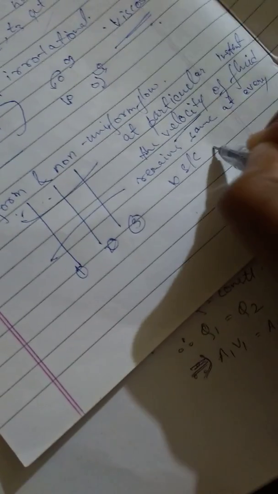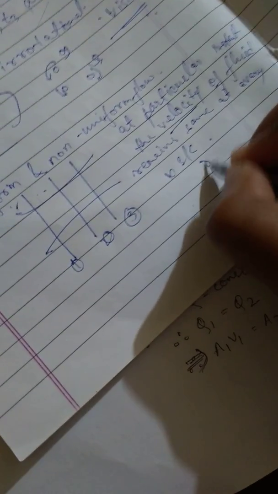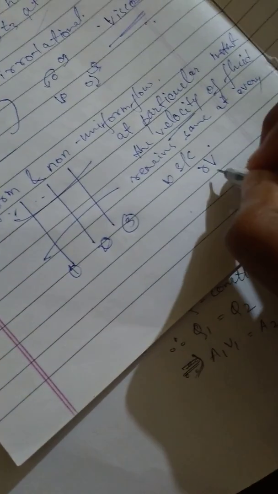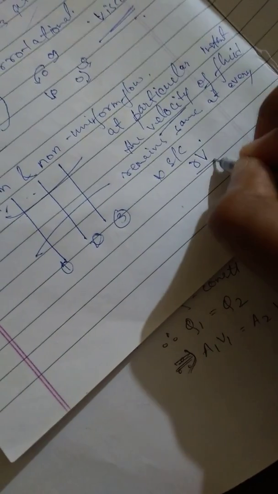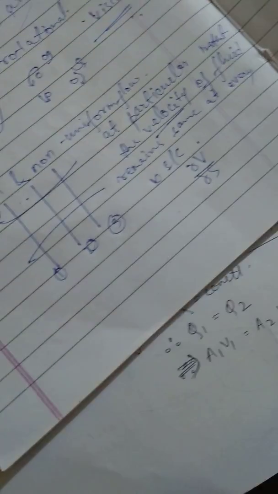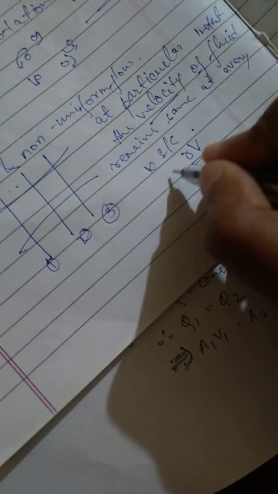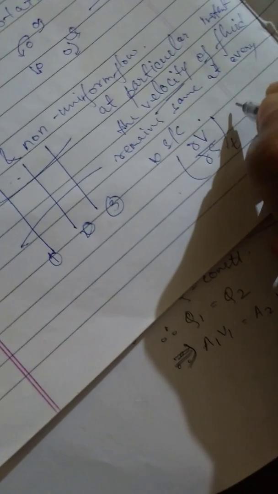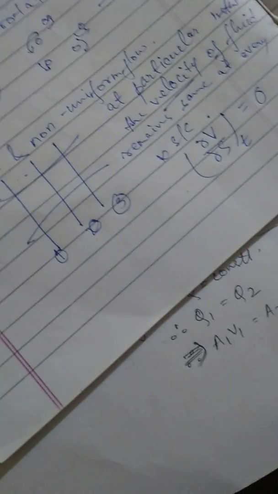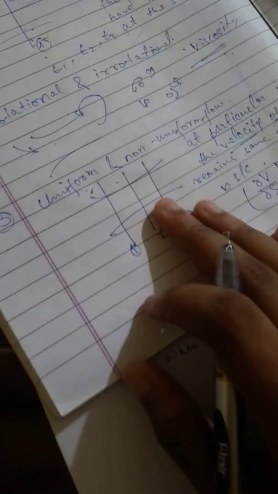Mathematically we can write del v, the partial derivative of velocity with respect to space or the cross section, at constant time is equal to 0. So this is uniform and non-uniform flow.